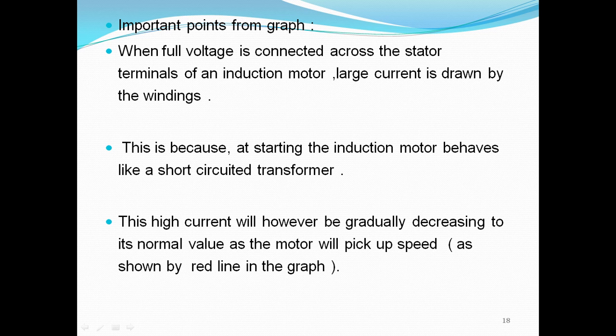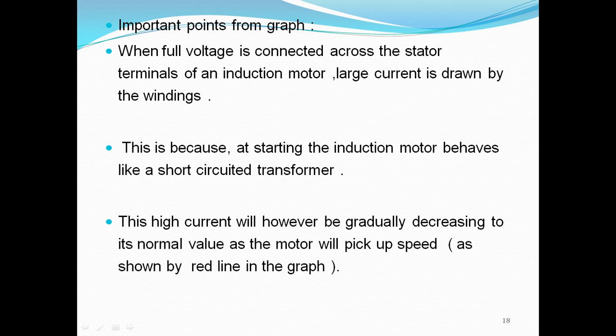So if you are using a DOL starter, when full voltage is connected across the stator terminals of the induction motor, a large current is drawn by the winding. This is because at starting the induction motor behaves like a short-circuited transformer.